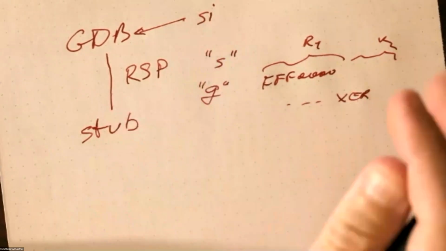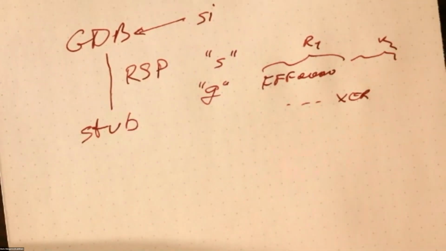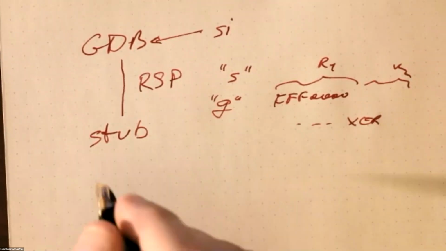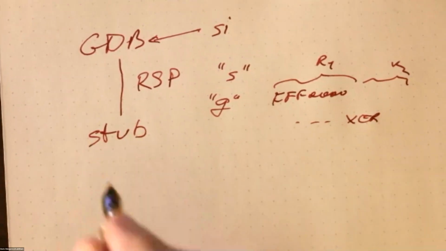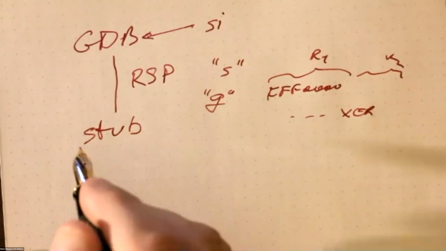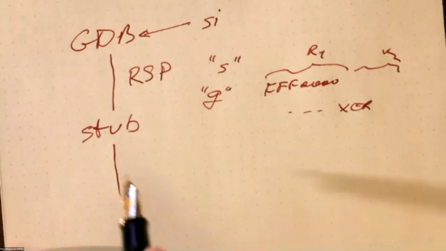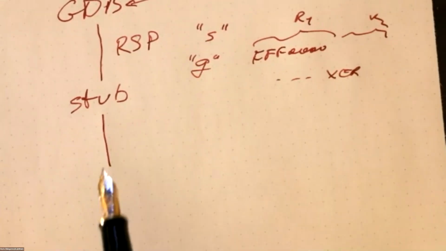And you can go continue, and it will run until it runs into a trap or some kind of exception, so it stops. Now, what you do with the stub is that you have to somehow actually connect this to your running system.